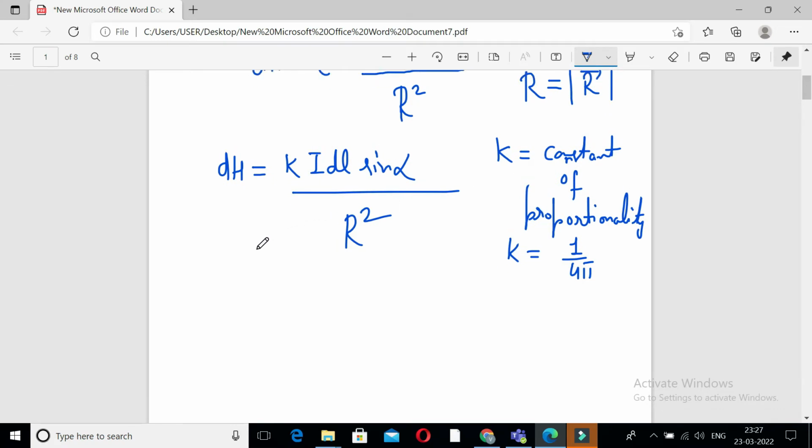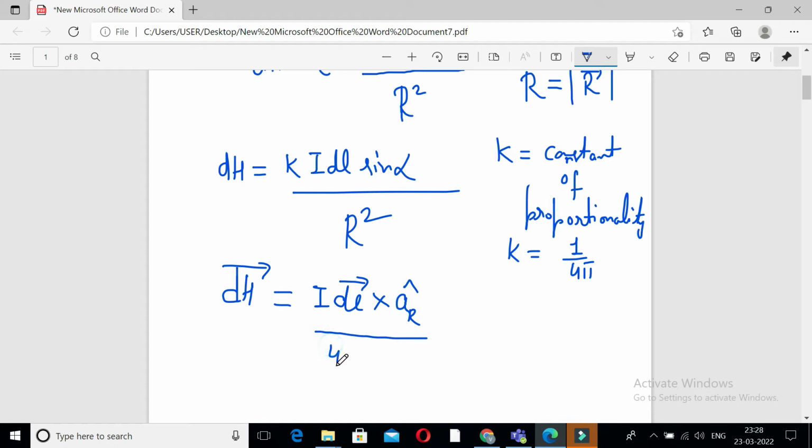Now we can write dH vector is equal to k I dl vector cross r upon 4 pi r square.